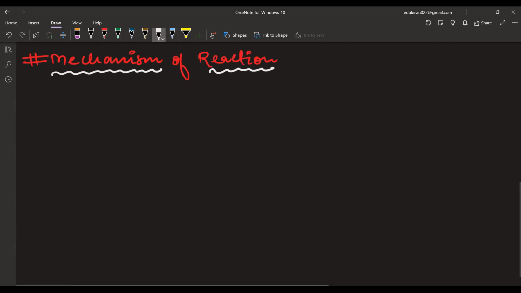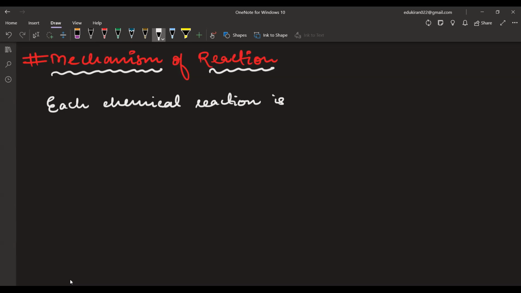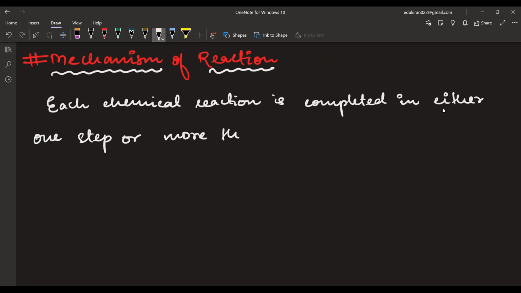Mechanism of reaction. Each chemical reaction is completed in either one step or more than one step.